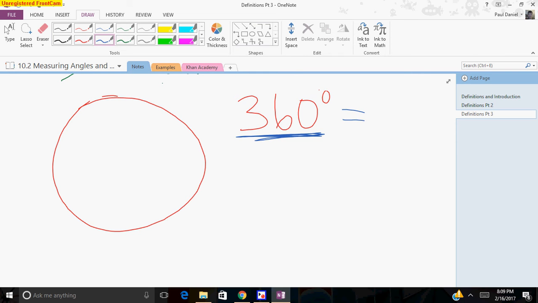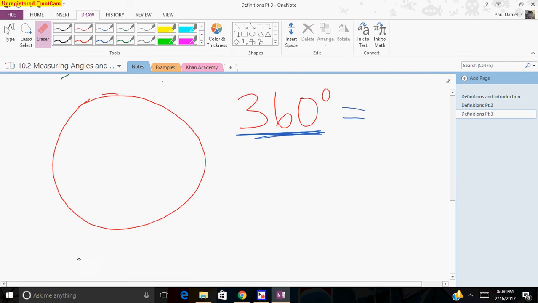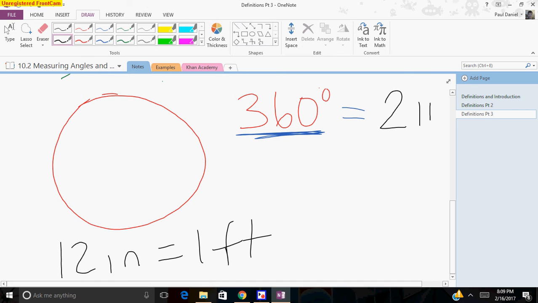So just like you've learned that 12 inches is 1 foot, and that can help you do conversions between inches and feet, 360 degrees is 2 pi radians.